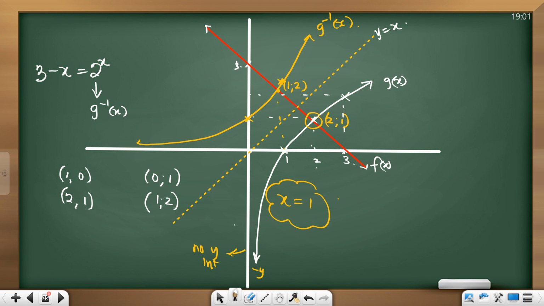Sweet. X equals 1. That's where they intersect. Remember, that is the point of intersection between f of x and g inverse of x.